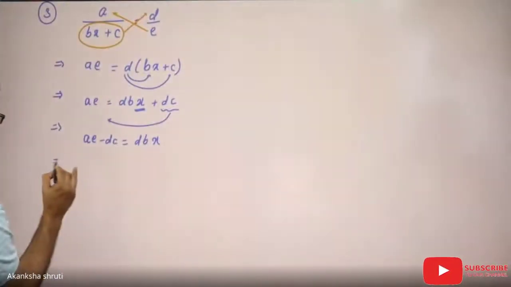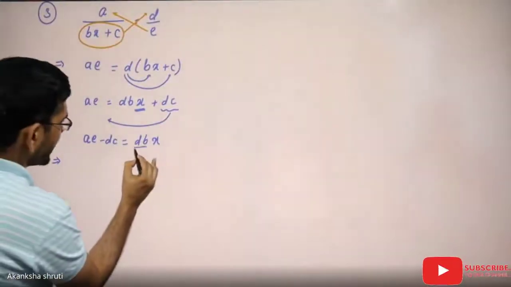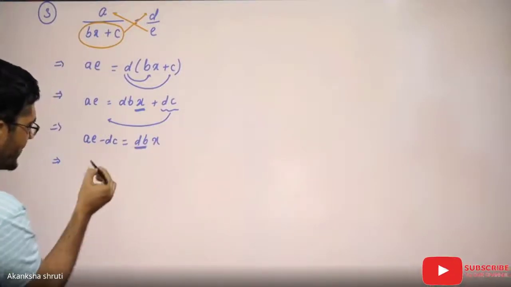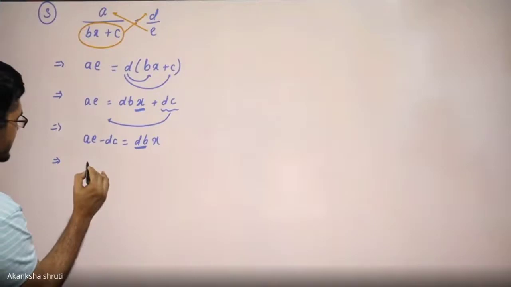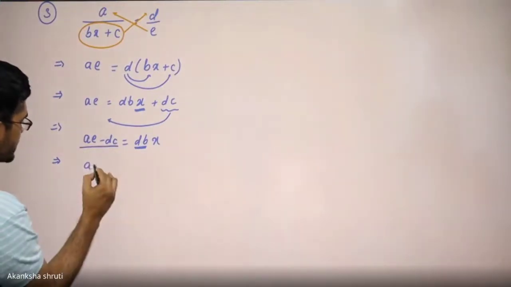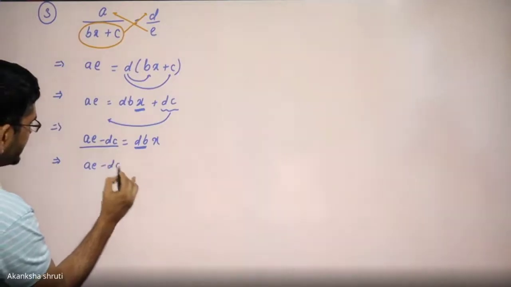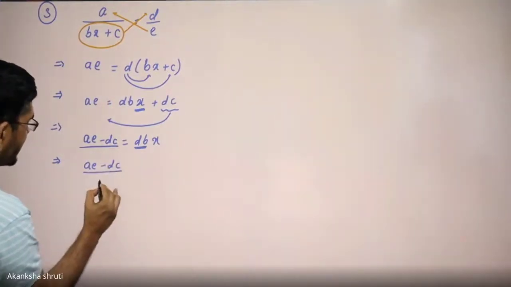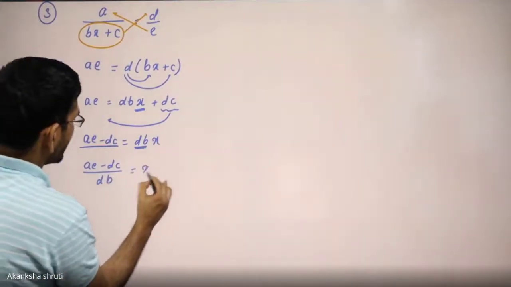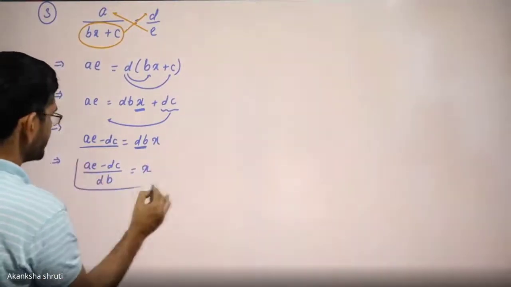Now for the x, this b and d are in the product of this x, so we have to bring it in the denominator, meaning in division of this entire term. So it is ae minus dc whole divided by db is equal to x.